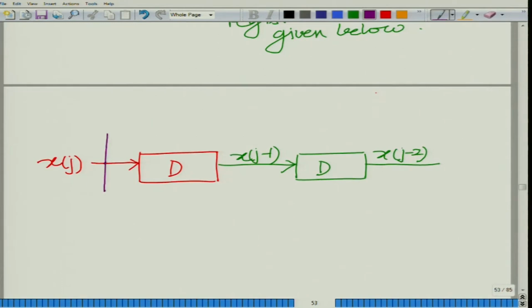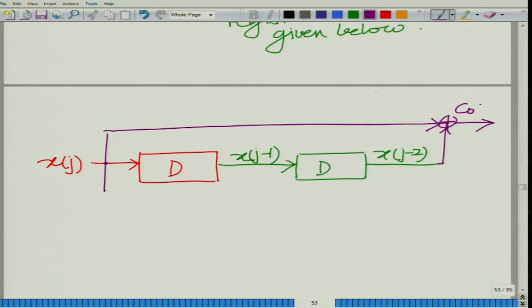I take x of j, add it to x of j minus 2, that gives me c0 of j.